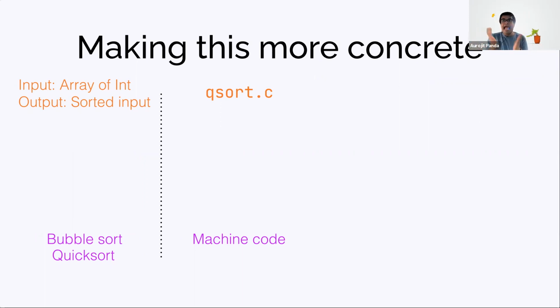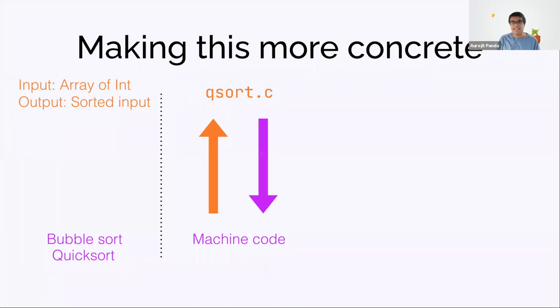And an implementation of qsort.c is something that's produced by GCC or a similar compiler, which compiles this code and produces a set of instructions that can be executed by your processor. In this case, again, verification is the task of checking that the machine code does in fact correspond to the C code. And synthesis is the task of producing efficient machine code from the C code.